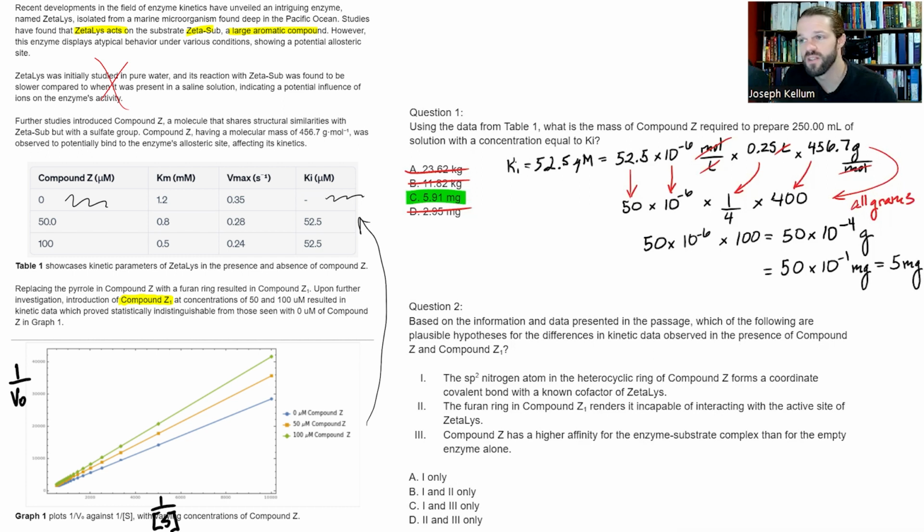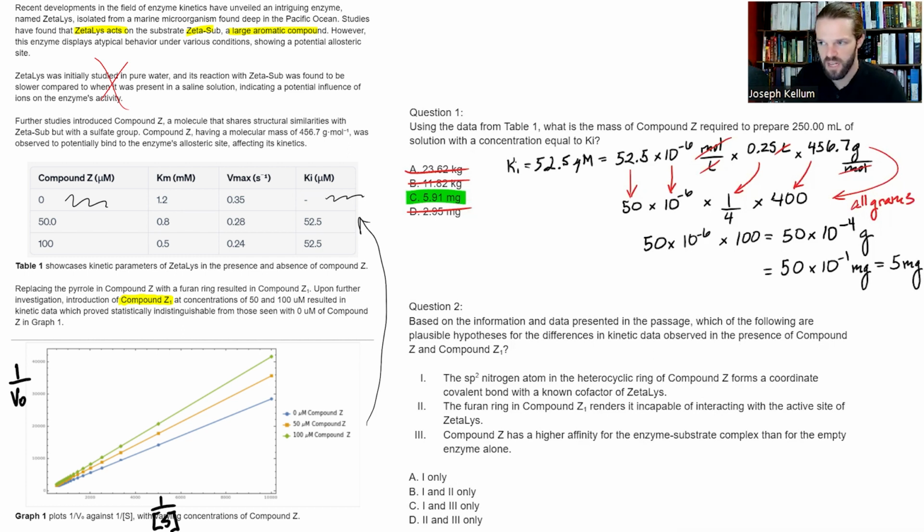What's a coordinate covalent bond? A coordinate covalent bond is a covalent bond, meaning sharing of electrons between 2 atoms, in which both electrons come from a lone pair of the more electronegative atom. And so you typically see this in things like nitrogen or oxygen forming covalent bonds with transition metals.